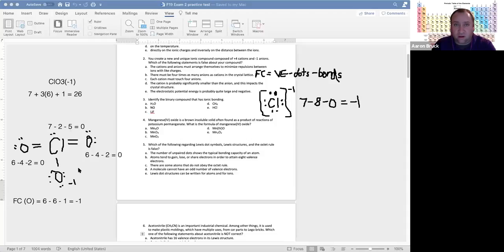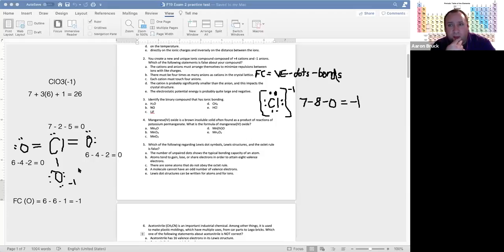Valence electrons minus dots minus bonds to get the formal charge. That's what I have trouble with. And then, if it was the non-bonding, it would be 1, 2, 3, 4, 5, 6, 7, 8, right?